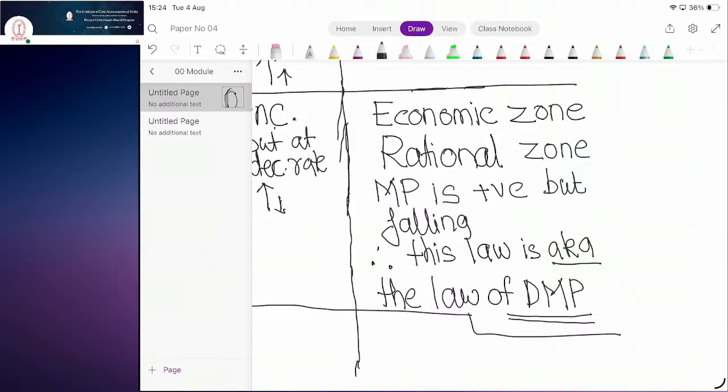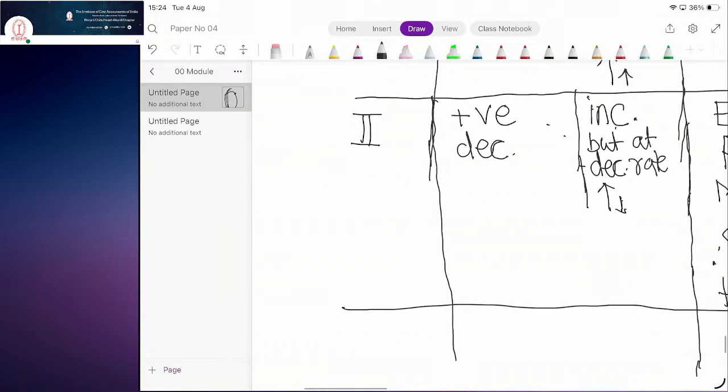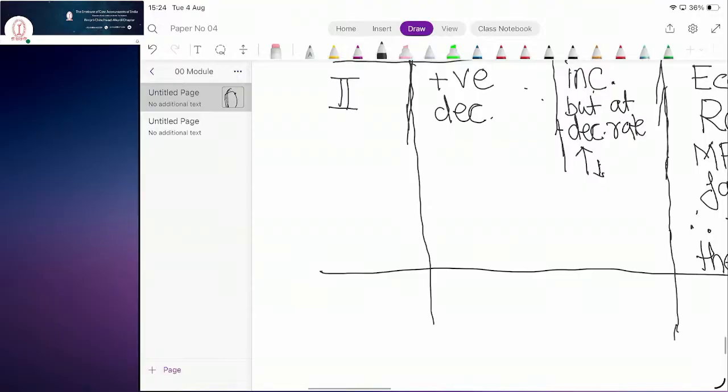That's why it's called the economic zone or the operating region, and therefore law of variable proportions in some textbooks is directly called the law of diminishing marginal product. Okay, so both are the same things.